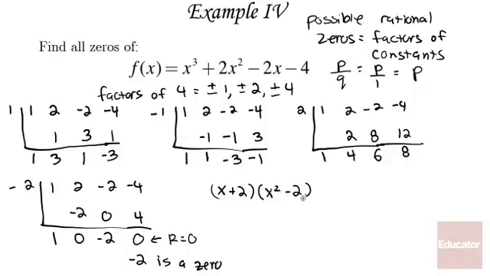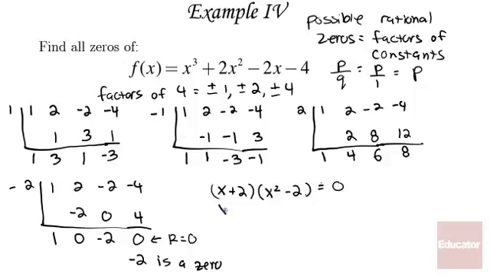So instead of just checking these two, and they might be right, they might not be right, what I'm going to need to do if these are not correct, because there's 3 zeros, because the degree is 3, is then find irrational or complex zeros. So instead of bothering to even check these, I just use the fact that I now have x squared minus 2 times x plus 2 to go ahead and use factoring to solve.